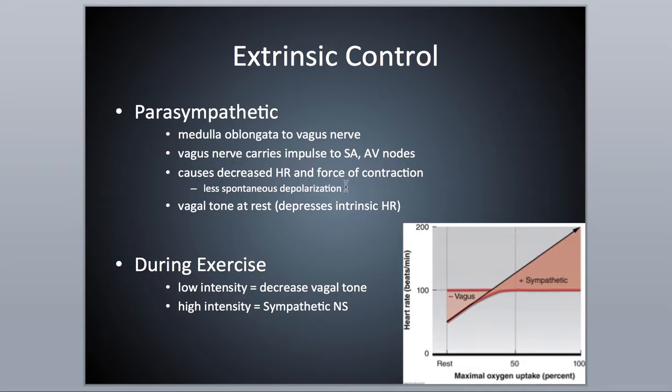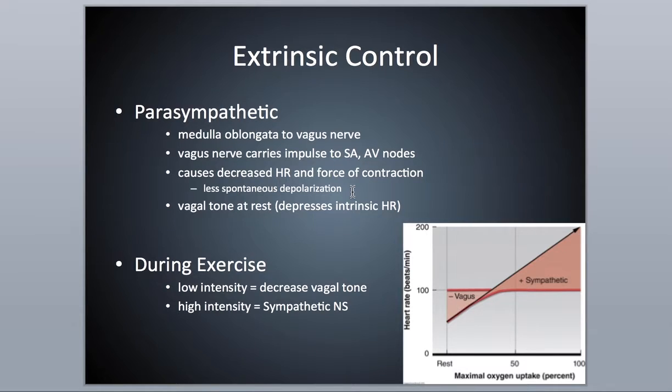If you want to look this up, it causes a less spontaneous depolarization. Basically, if you go back to one of the chapters, we didn't really go into it too much. In fact, we didn't go over that chapter, but it was the chapter on the electrical system or the nervous system. You can look at action potentials and all that, but basically it has to do with the depolarization, and it's less of a spontaneous action potential that's going on, causing electrical stimulation.